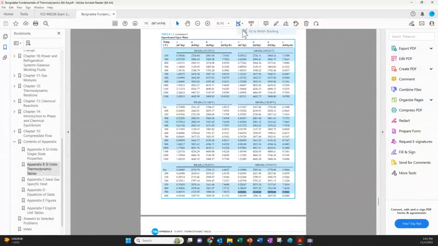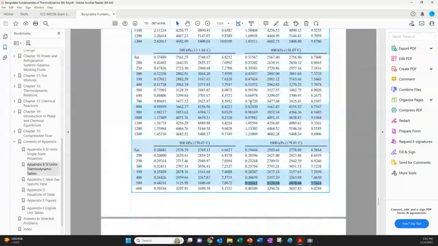So the ones that we actually want to write down for this are going to be V1, which is now going to be 0.35411 cubic meters per kilogram, and U1 is going to be 3,124.34 kilojoules per kilogram.